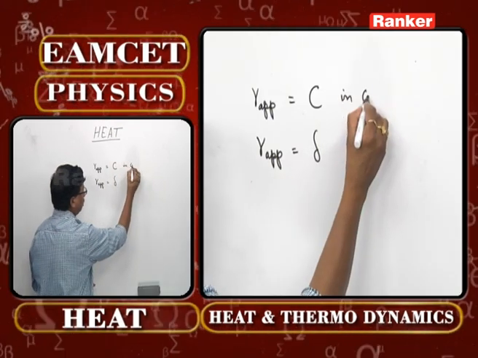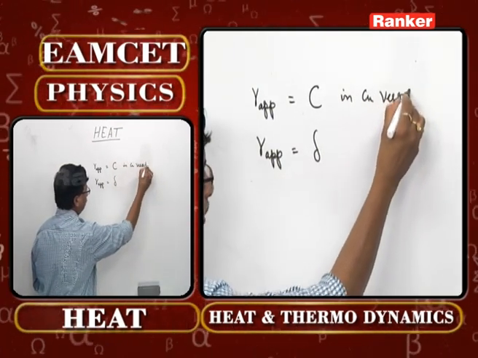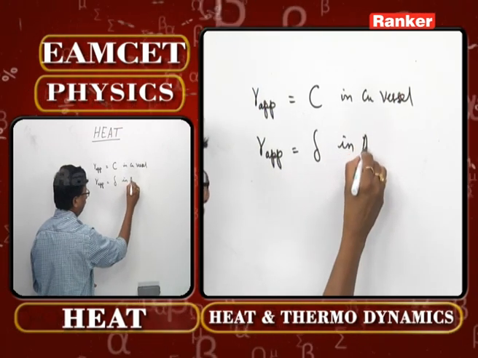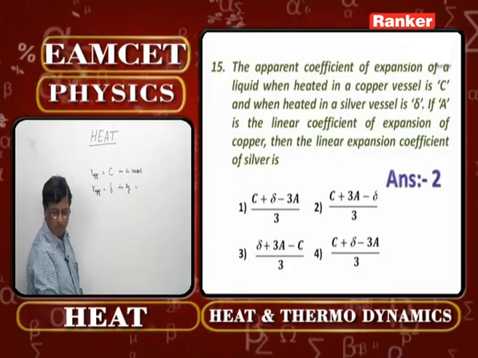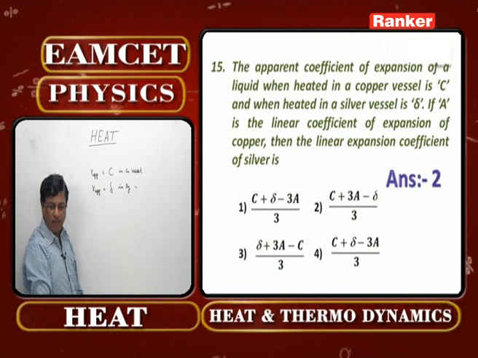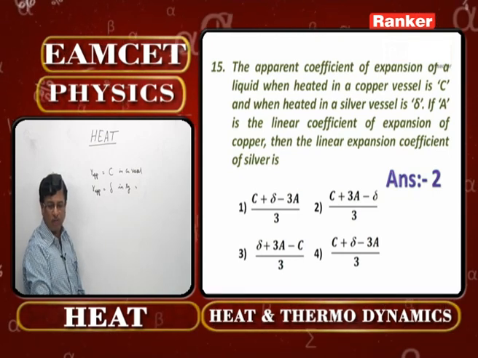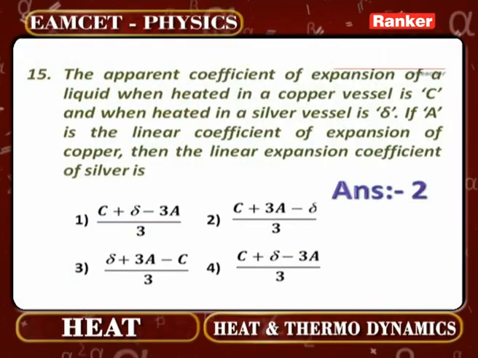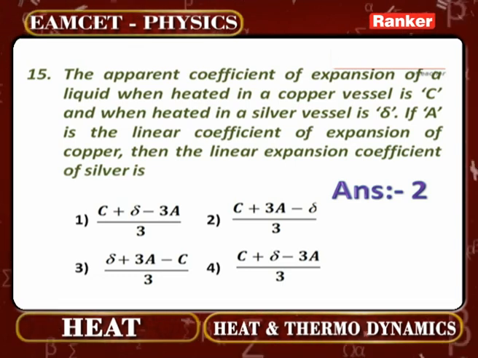This is in the copper vessel and this one is in the silver vessel. Now the question is, if A is the linear coefficient of expansion of copper, then the linear coefficient of expansion of silver is how much? That is the concept.